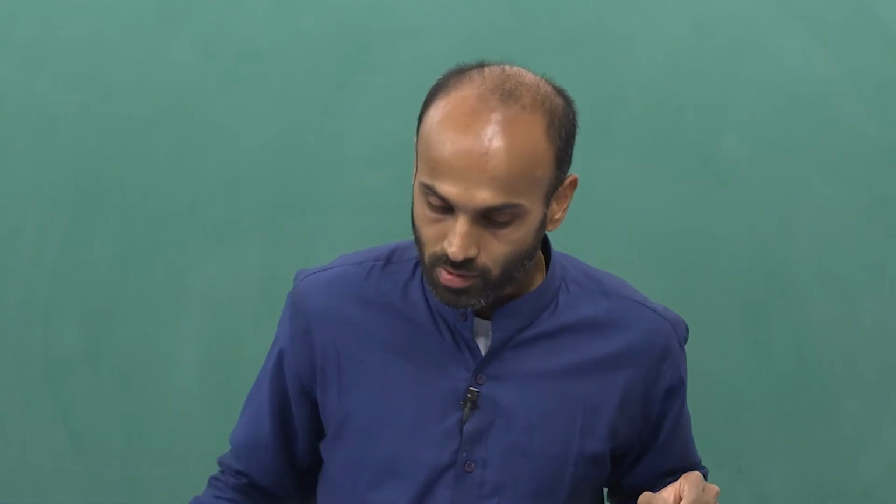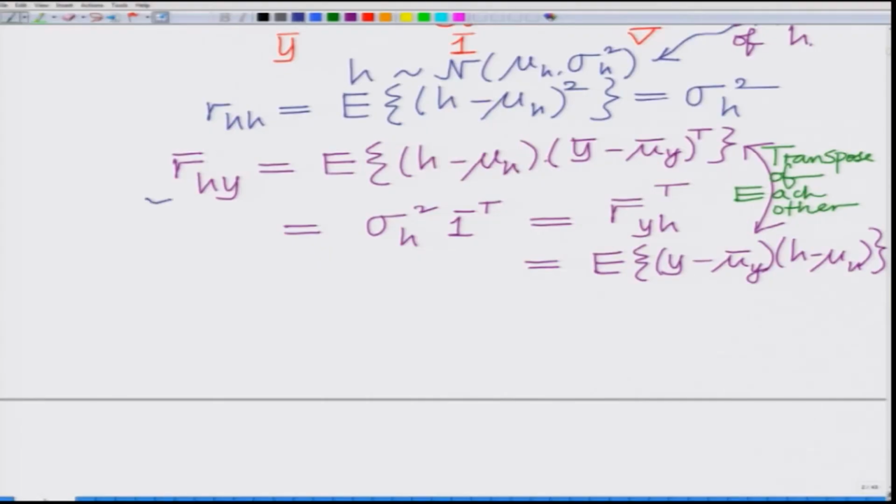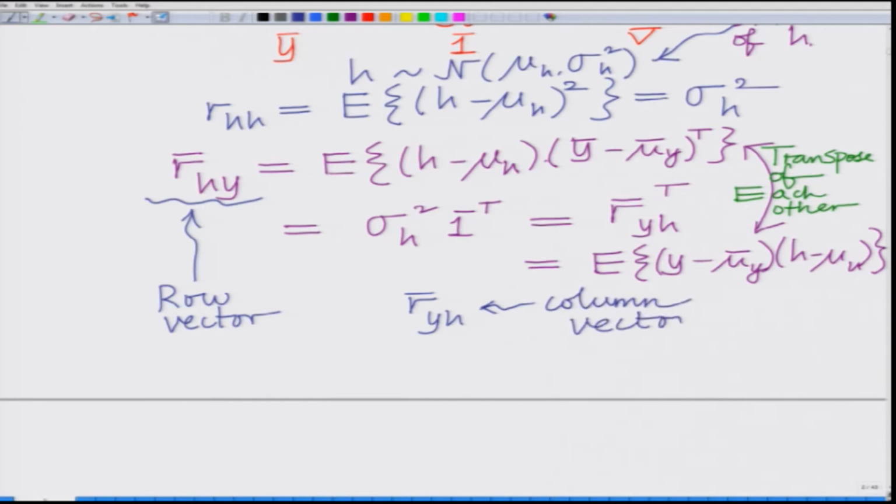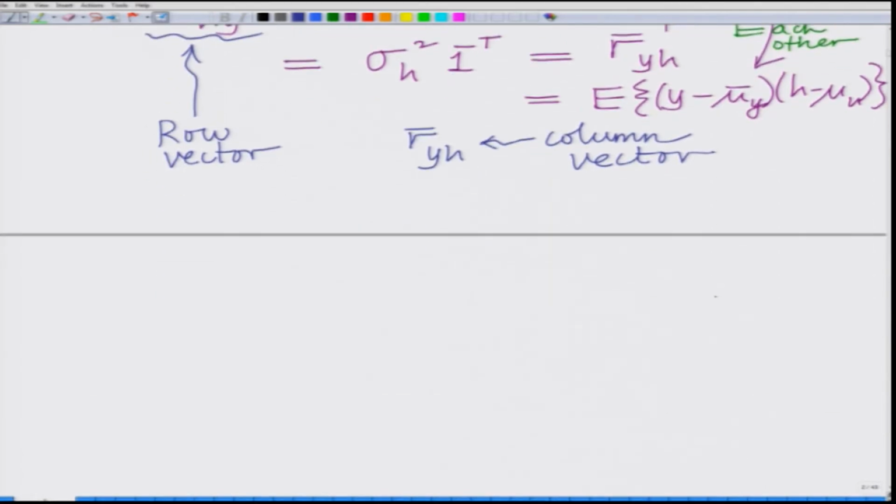Again you can check all these things: r bar h y is a row vector and r bar y h is a column vector.